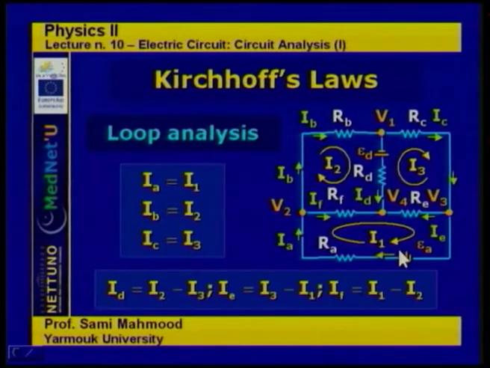However, in the branch D, for example, the current that is flowing is simply I2 minus I3, I2 down minus I3 up. So if this is positive, that means the branch current ID is flowing in the suggested direction. If this result is negative, that means ID is flowing in the opposite direction to what we suggested.